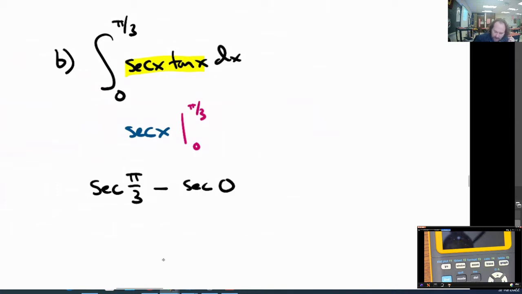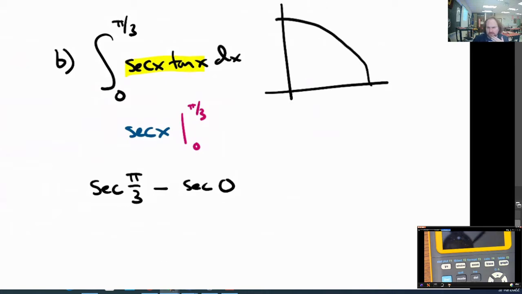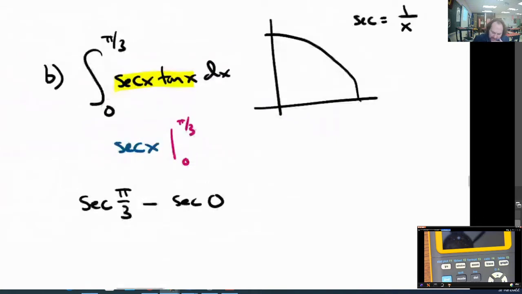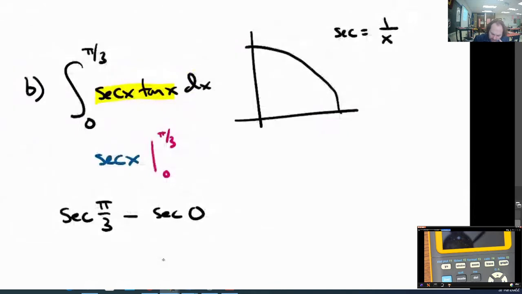So it might be helpful to think about a unit circle really quick and just kind of ponder some of the angles. Actually, I withdraw. Let's just think about the first quadrant since this is only pi over 3 and 0. Since secant is equal to 1 over the cosine, I'm going to write that as 1 over x in these problems here. The secant of pi over 3, which is this angle here, the x value on this problem is 1/2.